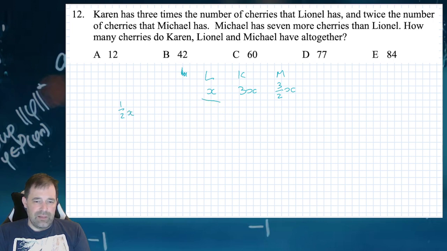The difference between Lionel's and Michael's cherries is 7. So X equals 14. So we're going to get 14, 42, 21. And then add these together. It's going to be 56, 76, 77 cherries, which is an option.